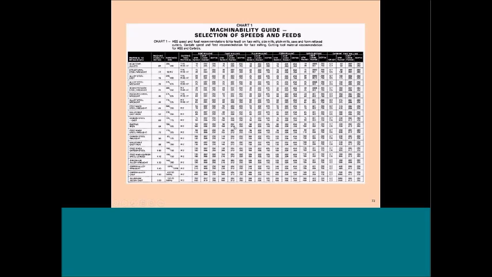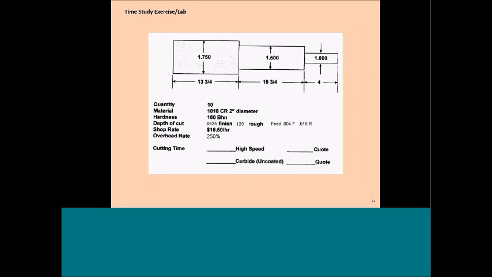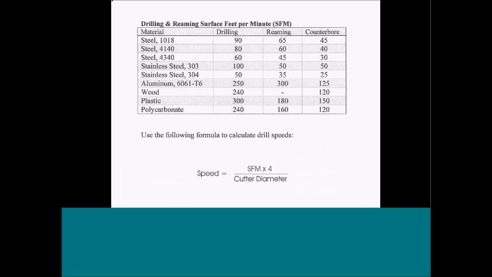So it's a very useful chart to show them the various applications where you'll be using the various cutting speeds. And again, I think I've already shown you this, but I have them do a quote for high speed or carbide and give me a quote, and I get quite a bit of range with that.